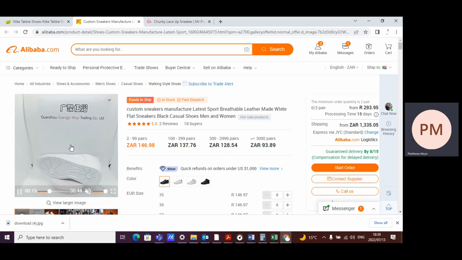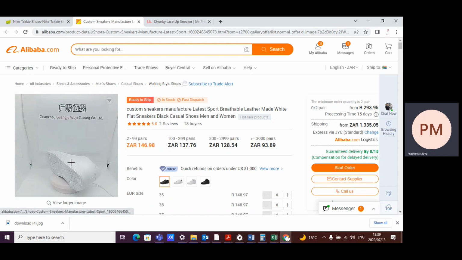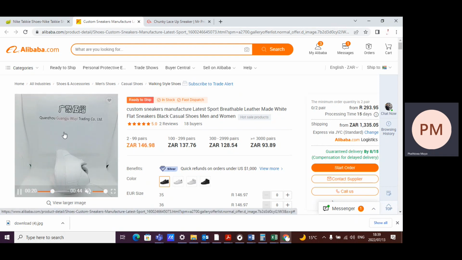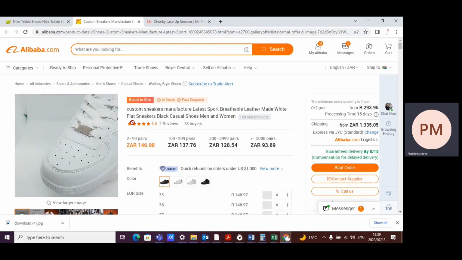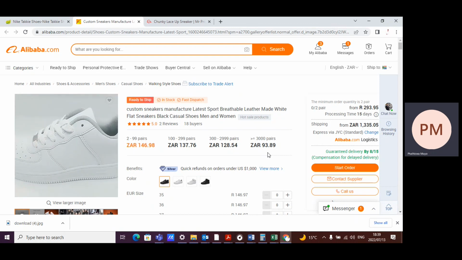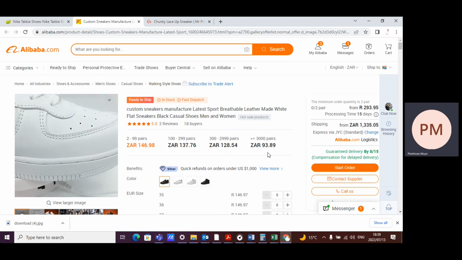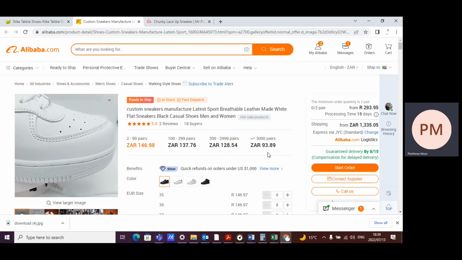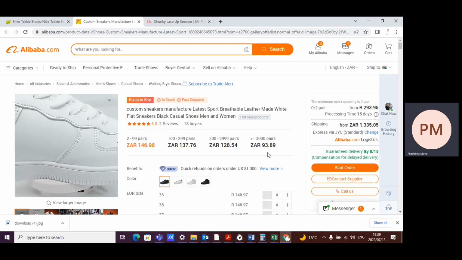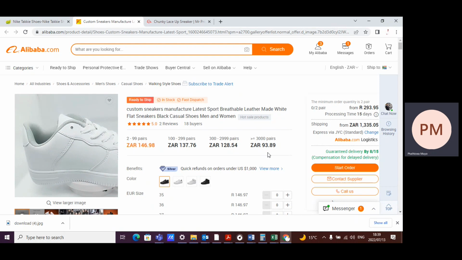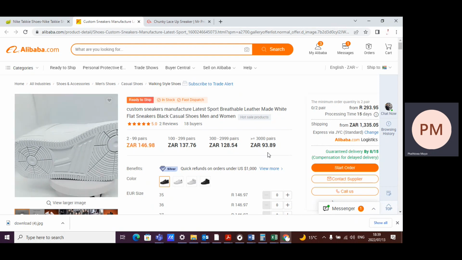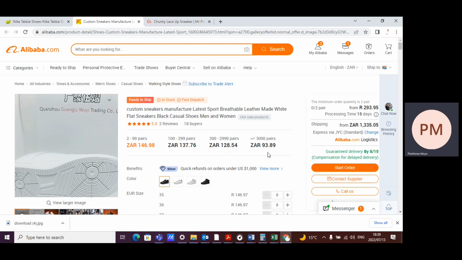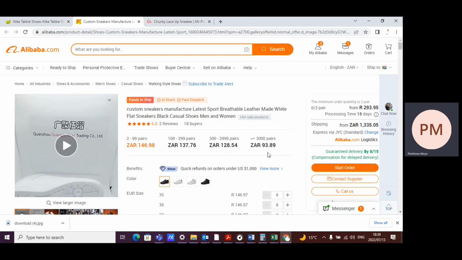So the total cost accumulated to make a pair of these sneakers by this factory in China is 93 Rand 89 cents if they're making 3,000 and above. But if they're making 2 to 99, the cost increases. Why would you think the cost increases? Because they're not producing using mass production.